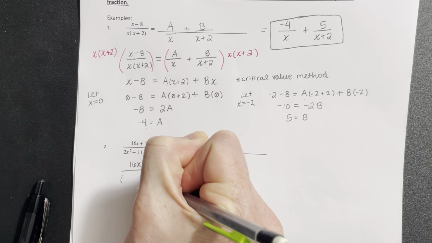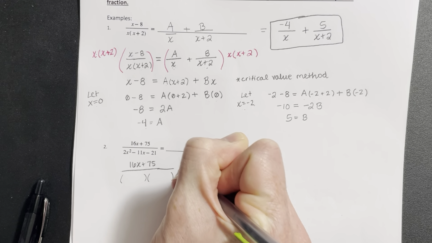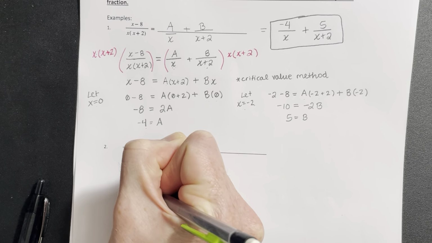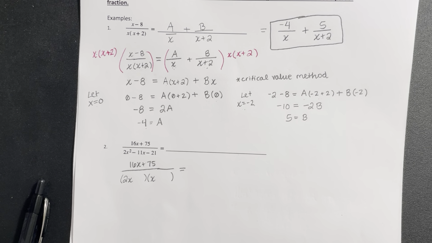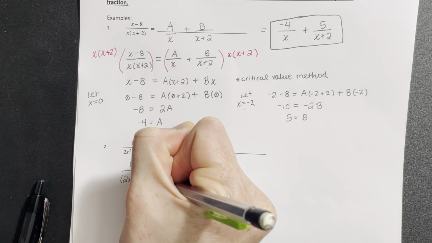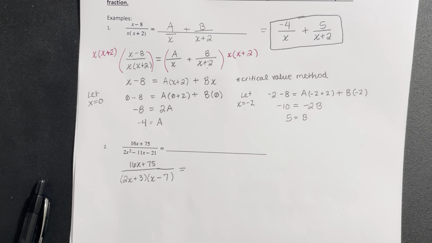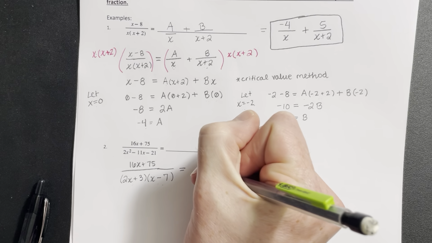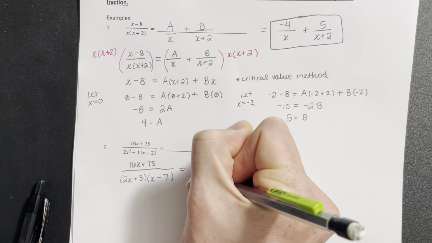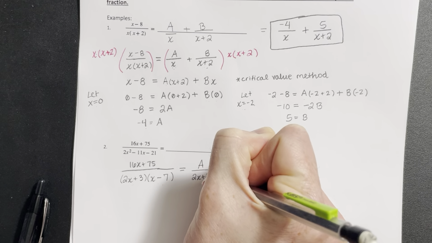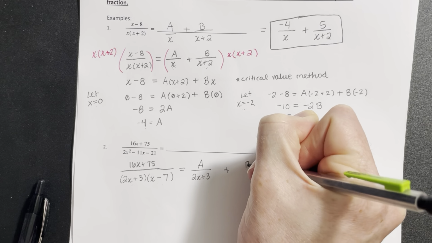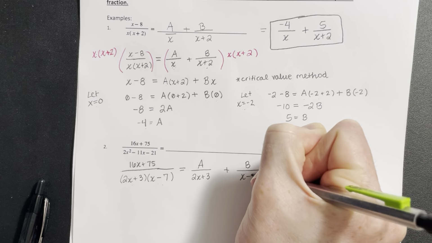If we have been practicing our factoring skills, hopefully we're comfortable factoring this out. We should end up with 2x plus 3 and x minus 7. Factoring that allowed me to see what the distinct linear factors will be for our partial fractions. So one of the fractions would have a denominator of 2x plus 3. Another fraction would have a denominator of x minus 7.